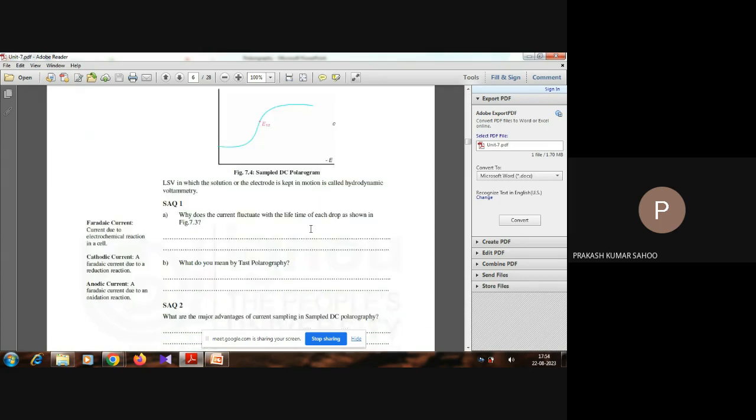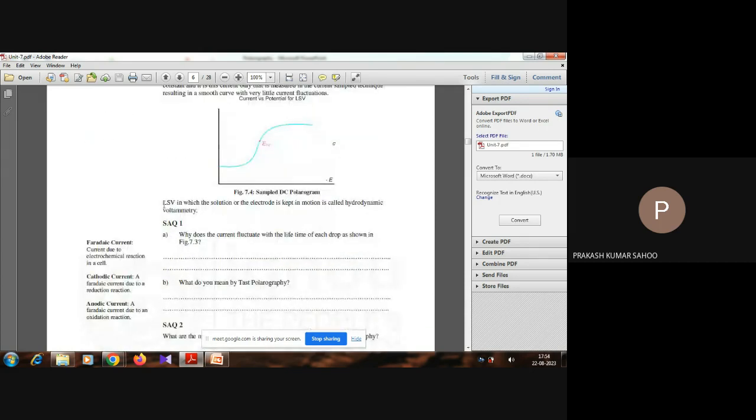Okay. So similarly, in LSV, that is linear sweep voltammetry, in which the solution or electrode is kept in motion, this is very important. If in LSV the solution or electrode is in motion, it is known as hydrodynamic.